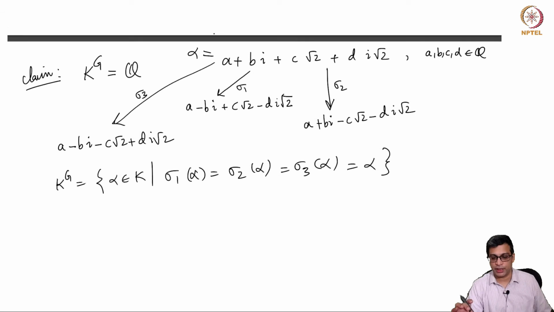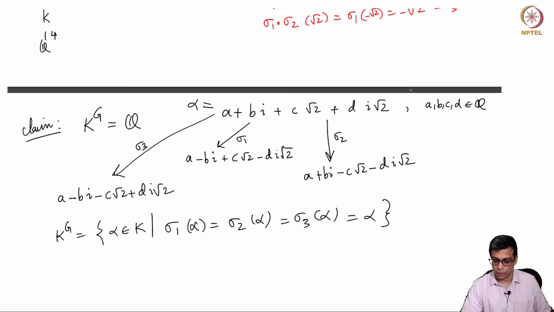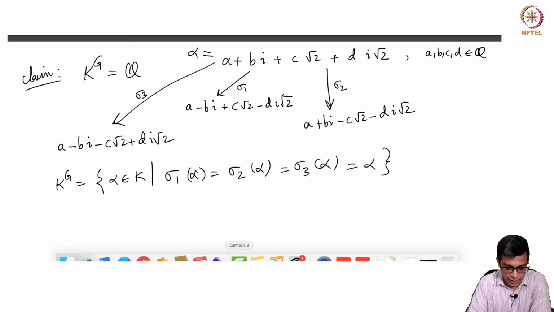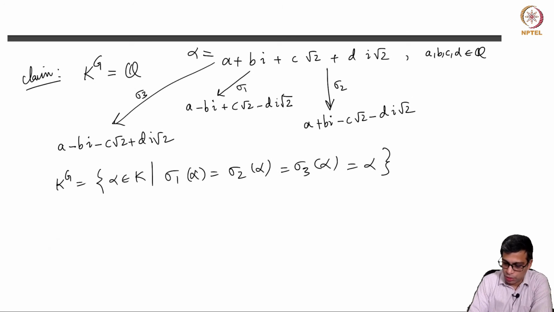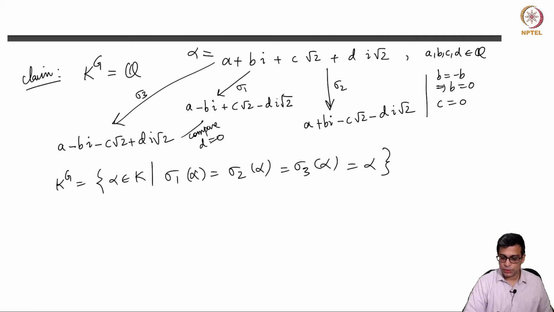Now, using the fact that 1, i, root 2, i root 2 is a basis, you can immediately see that, for example, comparing these two you conclude that B equals minus B, that means B equals 0. Comparing these two again, we get C equal to 0, and comparing these two, you get D equal to 0. So B, C, D are 0.